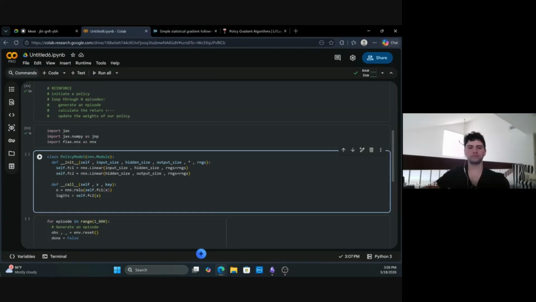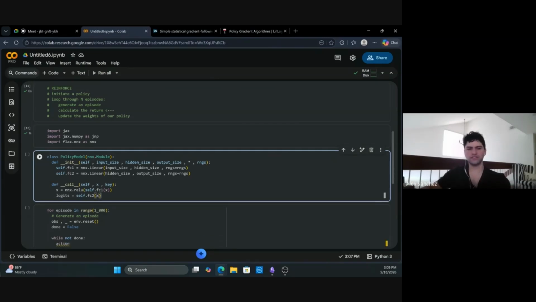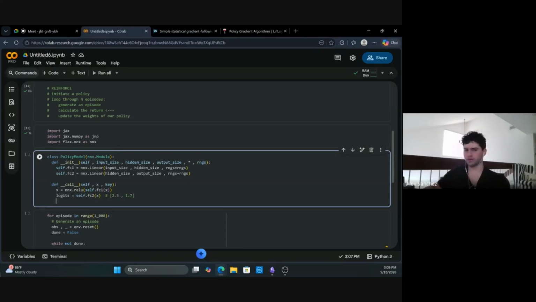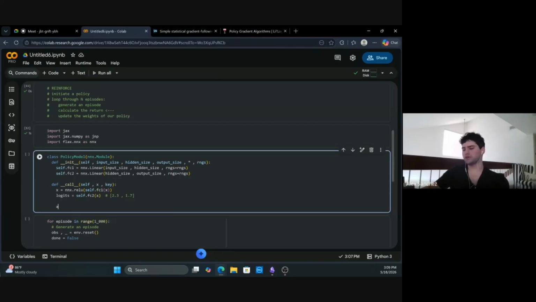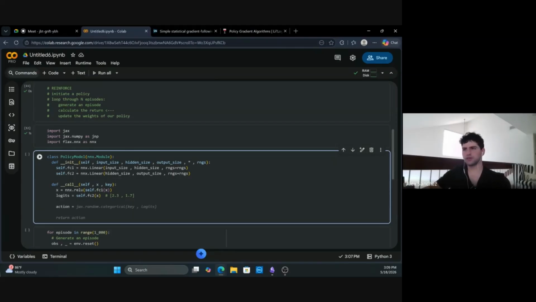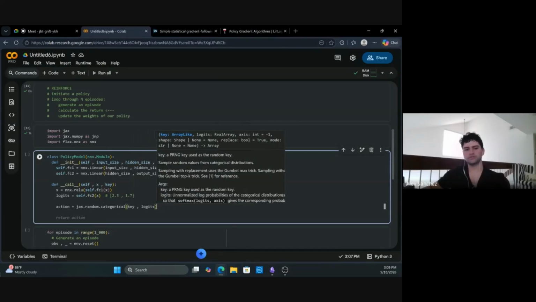And so that is just a value, right? From those two values, you can imagine them to be something like 2.3, 1.7, left or right. And here we're going to decide on an action. We're going to randomly decide one, using the key and logits.